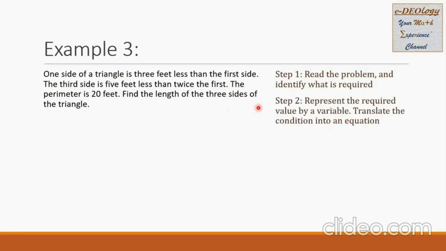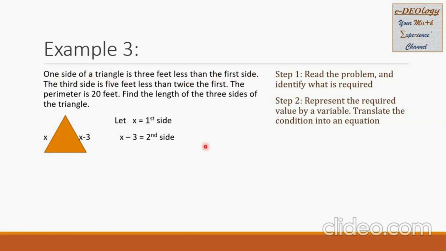Step 2. Represent the required value by a variable, and we will translate the condition into an equation. Let us draw one triangle here, and we will assign the first side to be x, and we say x equals the first side. For the first condition here, it says one side of a triangle is 3 feet less than the first side.